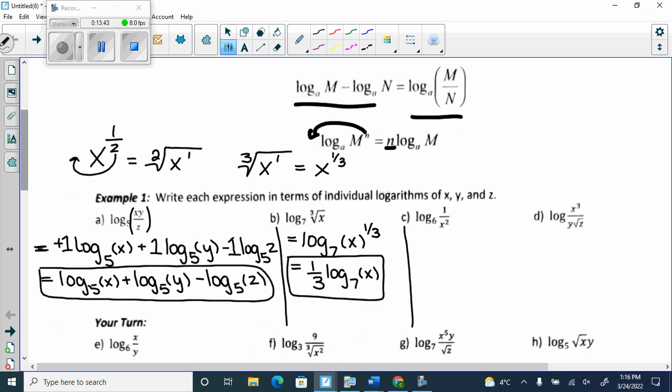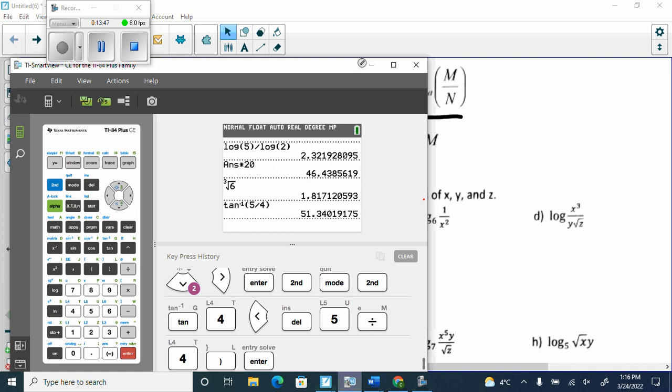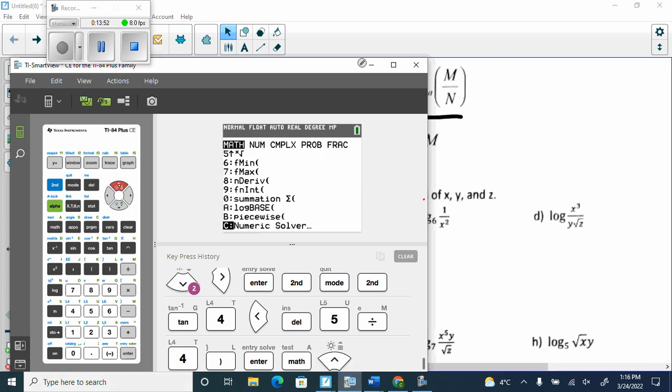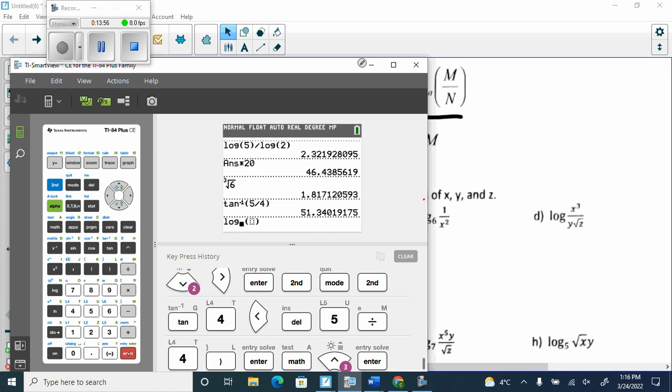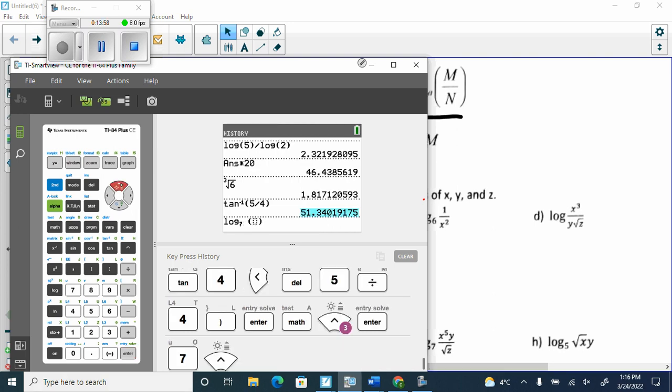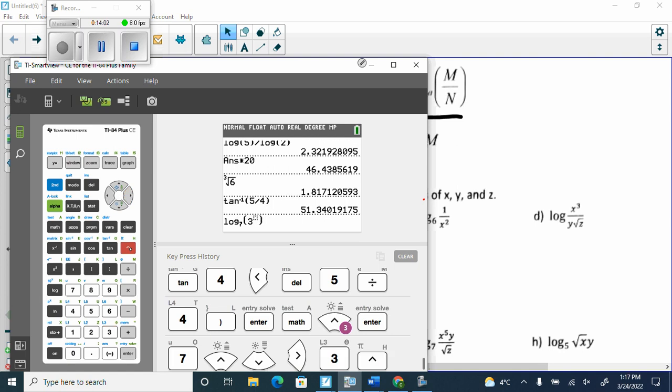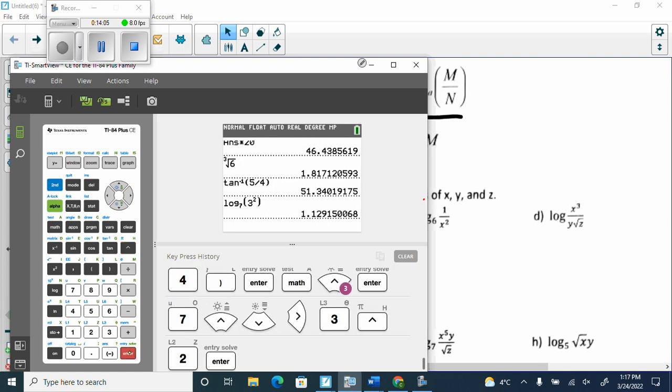Okay, so I'm going to prove to you that this is true. If I go to math, log base 7 of 3 squared, I get an answer, correct? Now, if the rule I said is true, what could I do with that 2? When there's a log, what could I do with the 2?